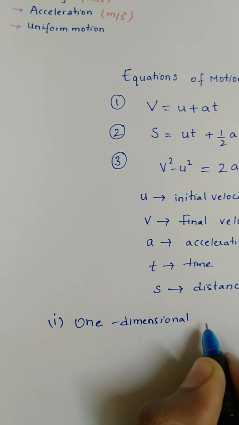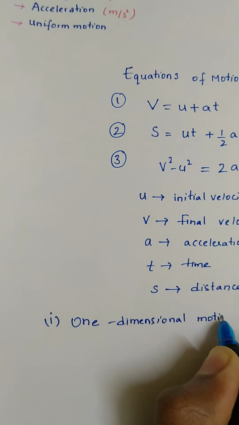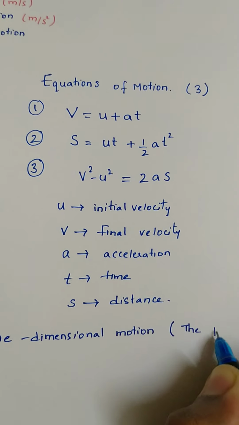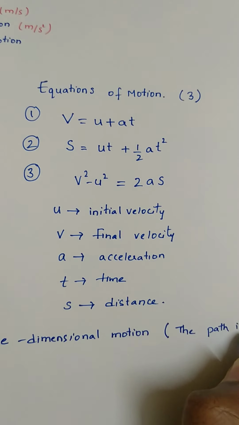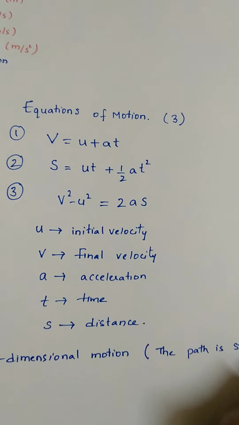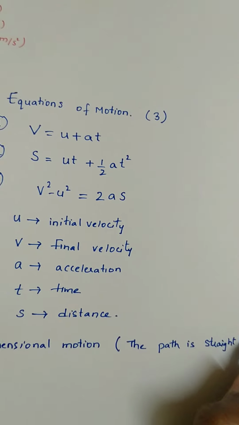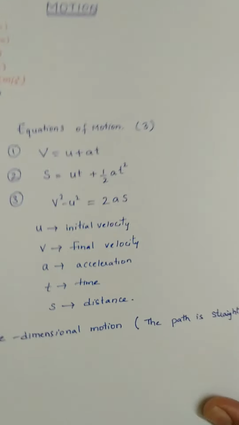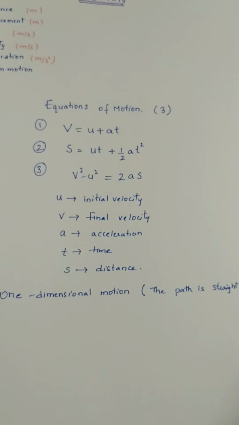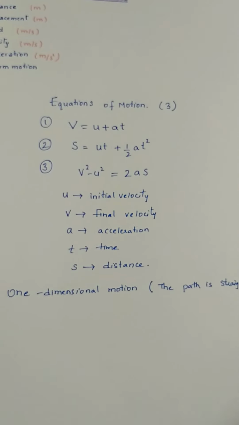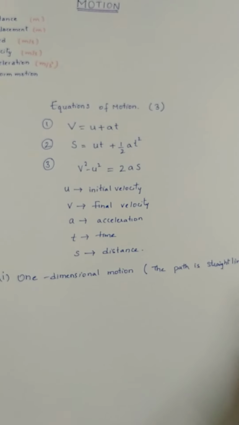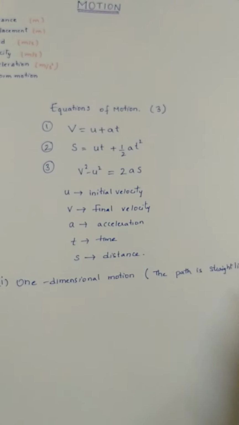What do we mean by one dimensional motion? It simply means the path traversed by the object is a straight line. That means I can apply these equations of motion only when the object is moving along a straight line. It should be a single dimensional motion. In other words, I cannot apply it for two dimensions or three dimensions.